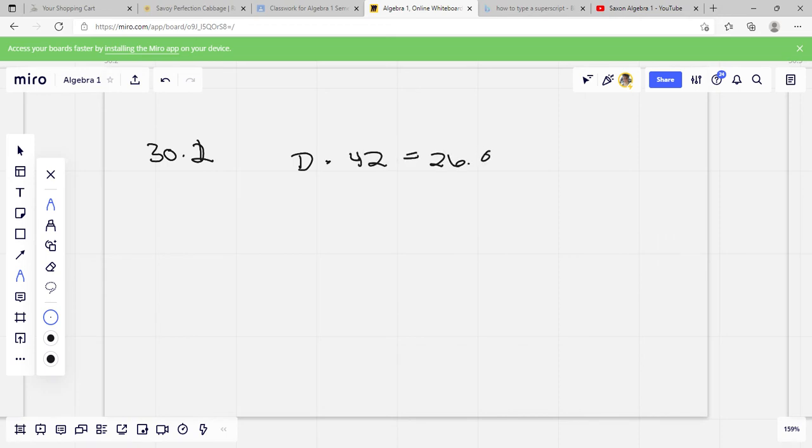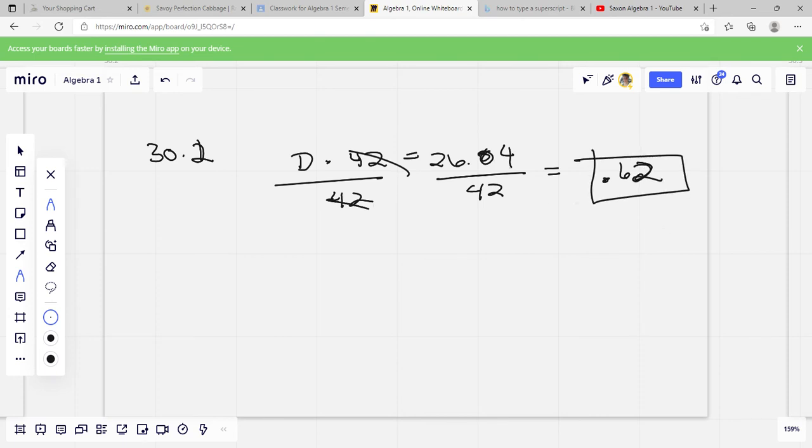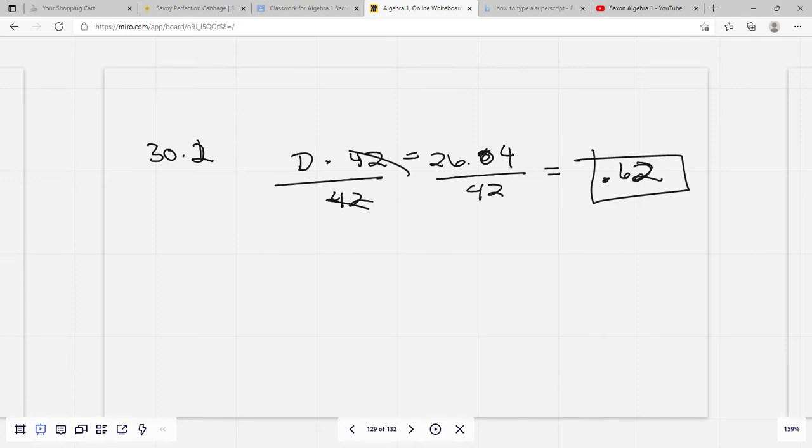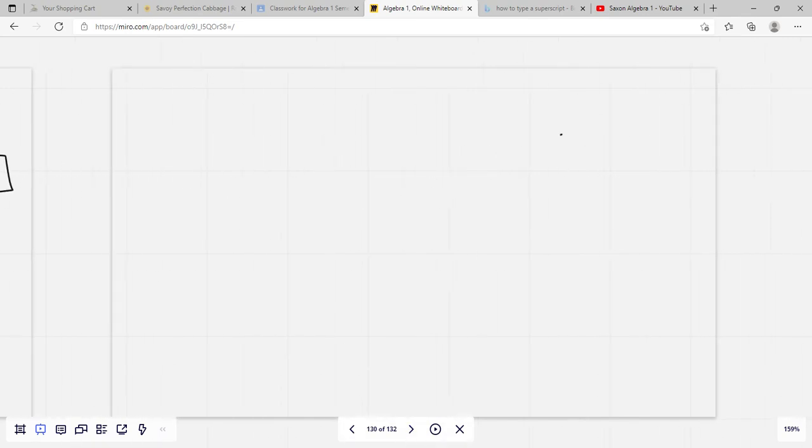So just write it like that. This is times, so we're going to divide. You just type that into a calculator, and we're going to get 0.62. And that answers that one. Easy peasy. You just have to know how to set these up. Of means times, is means equals.